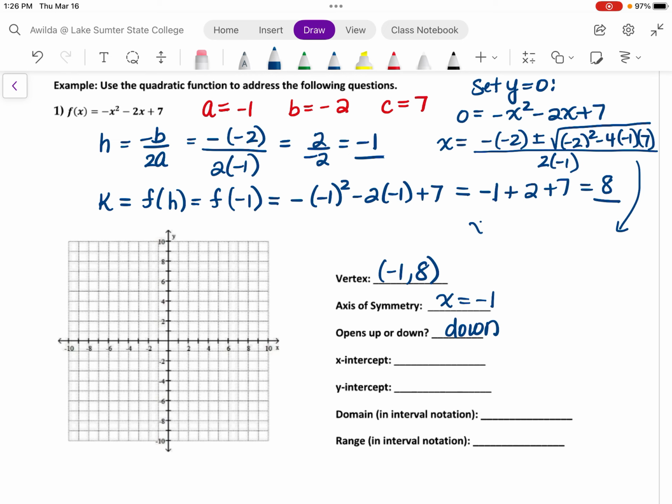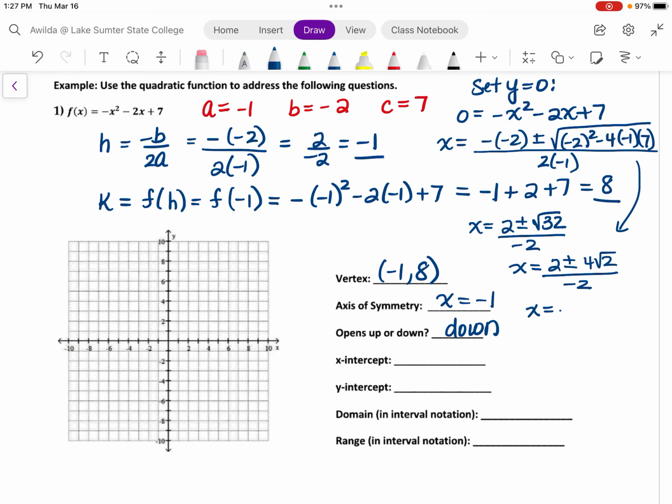So that means x is equal to 2 plus or minus, let's see, that's 4 plus 28, it looks like. So square root of 32, all over -2. And if I continue simplifying, we get 2 plus or minus 4 square root of 2 over -2.